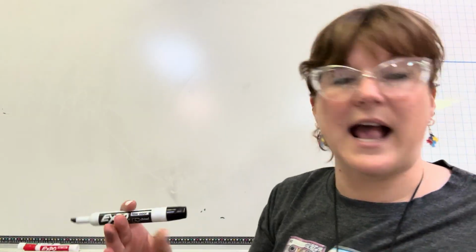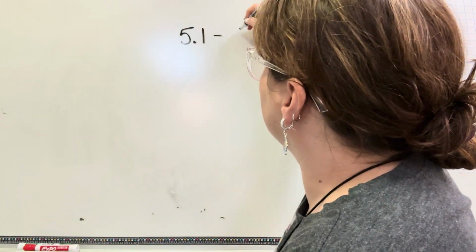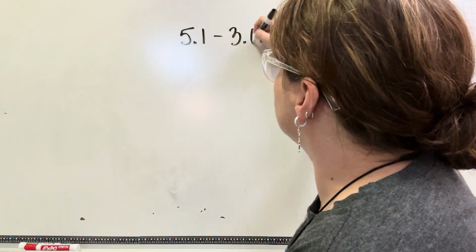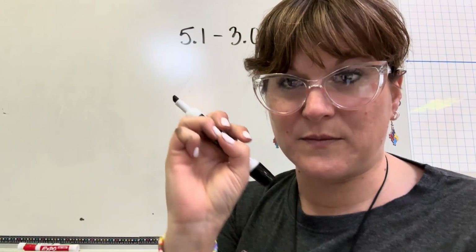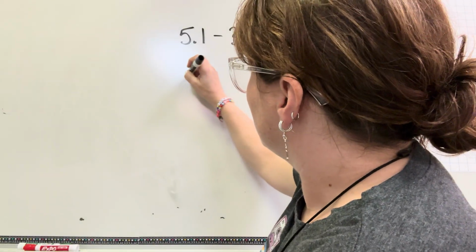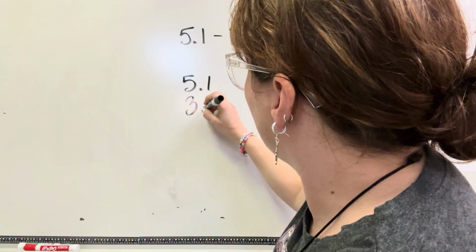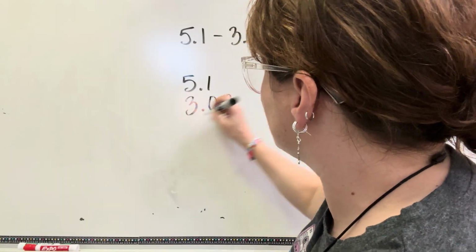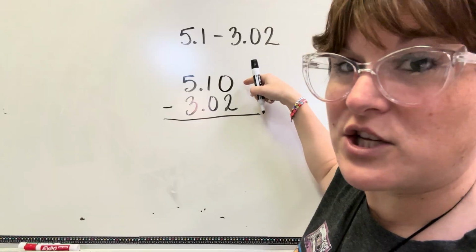So if I have 5.1 minus 3.02, you have to line up the decimal. 5.1, 3.02. And I can add zeros, not changing the value.